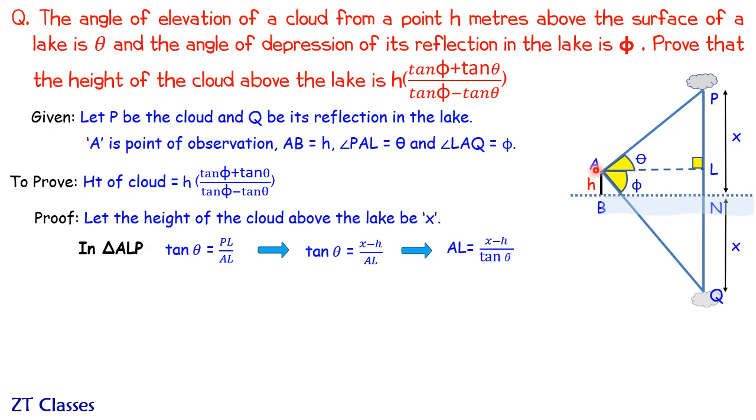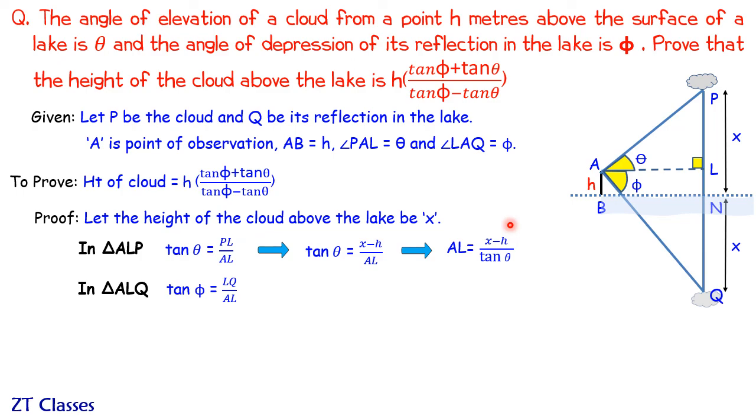Now in the second triangle, AL is known, LQ is known, that is x plus h, and we'll find the value of tan phi. The second triangle I am taking is triangle ALQ. In that, tan phi is equal to perpendicular upon base.